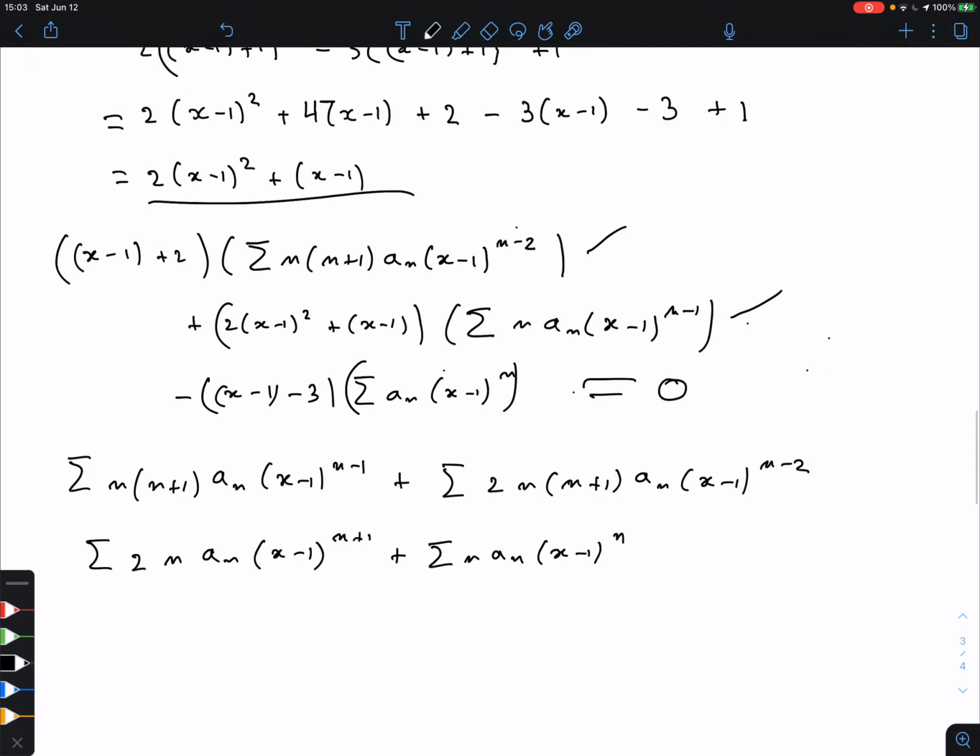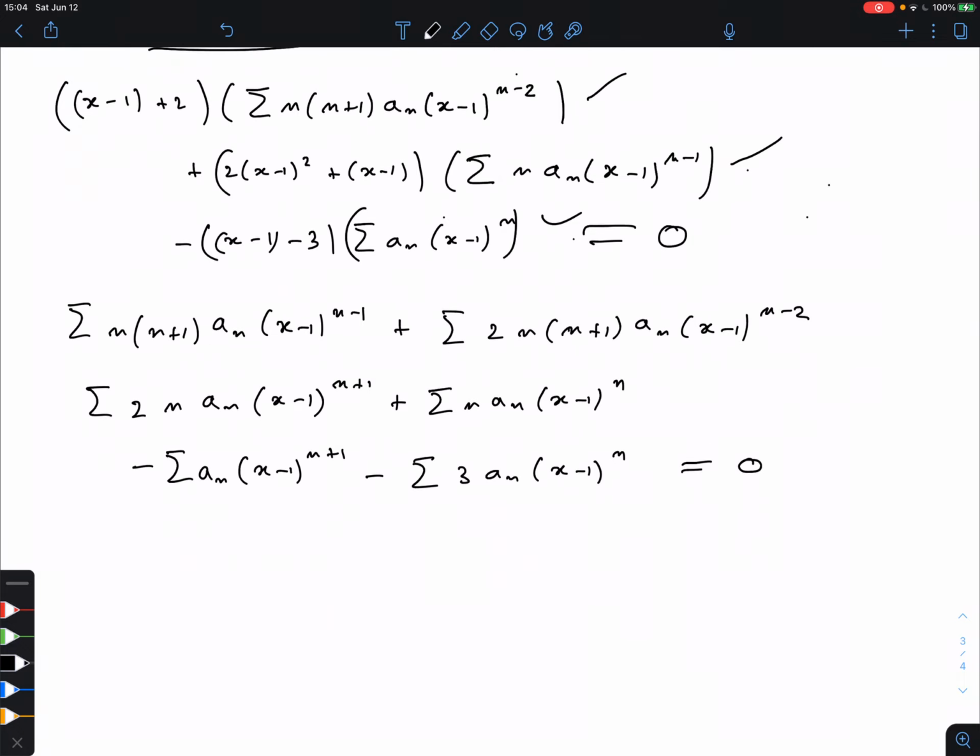And then finally you have to do the third one here. That is minus the summation of a_n (x minus 1) to the power n plus 1. That's another n plus 1. Minus the summation of 3 a_n (x minus 1) to the power n. And this is equal to 0.